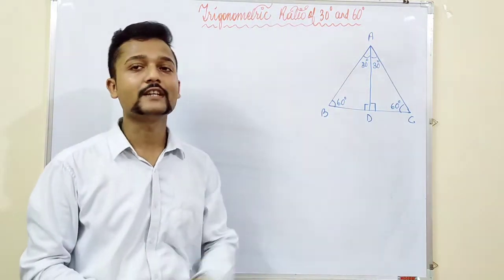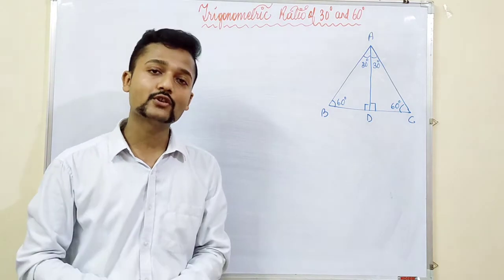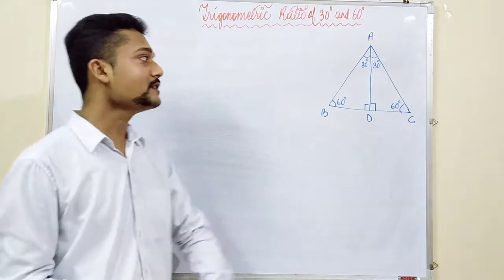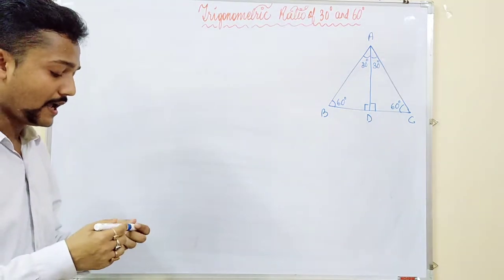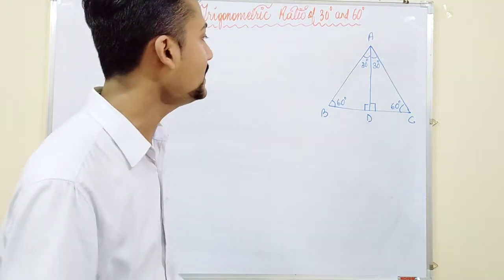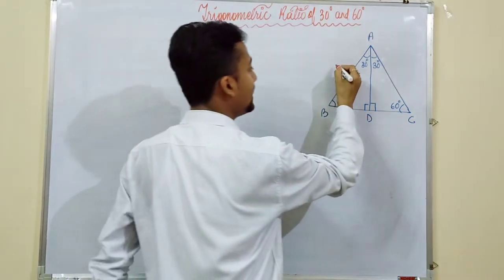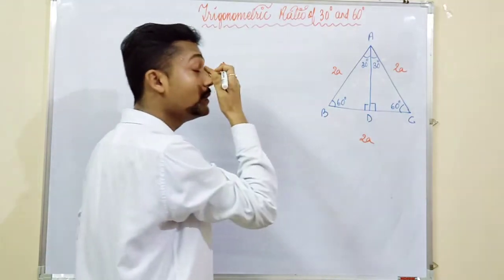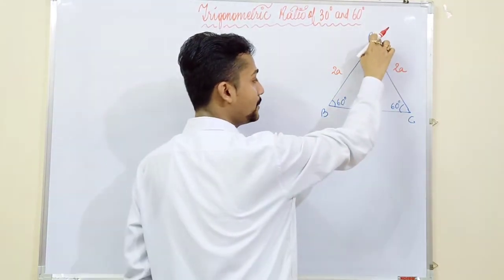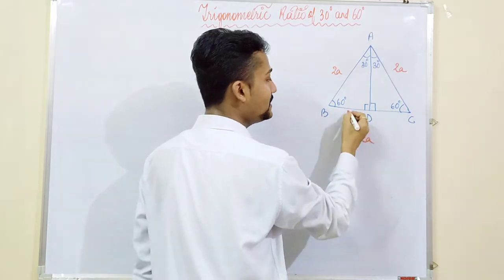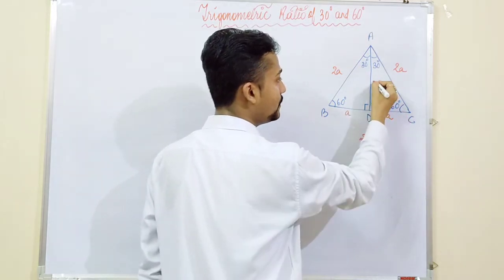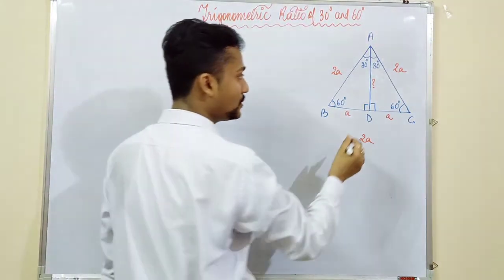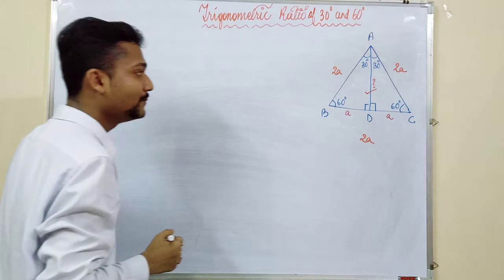Trigonometric ratios of 30 degree and 60 degree. To find out the trigonometric ratios of 30 degree and 60 degree, what do we need to find out first? First we will consider an equilateral triangle of measurement 2A. We will draw a perpendicular bisector from A to BC. That means this will become A and this will become A, and we will find out the value of AD. By the application of Pythagoras theorem, we can easily find out the value of AD, isn't it?